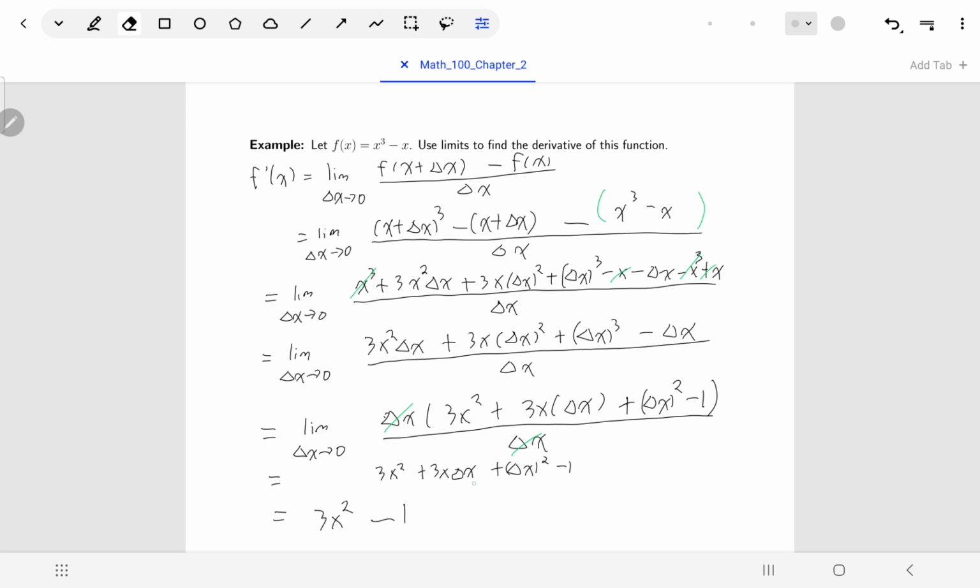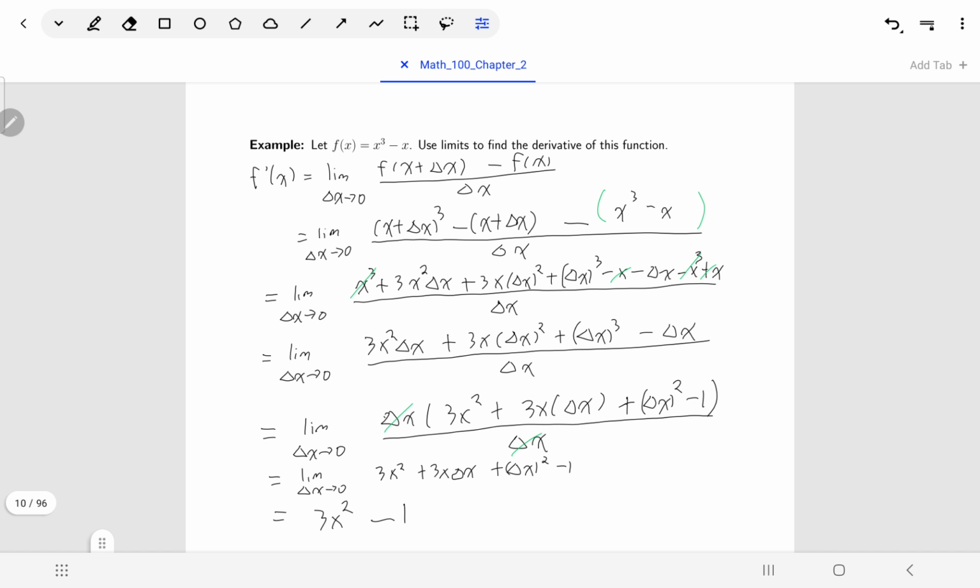It gets close to 0 if we're looking at a limit. And the only reason I know we're looking at a limit is if I say so before. So if I didn't have limit written down in that second last line, then unfortunately I would be wrong. But if I did have limit delta x approaches 0 of all of this equals 3x squared minus 1, that would indeed be correct.